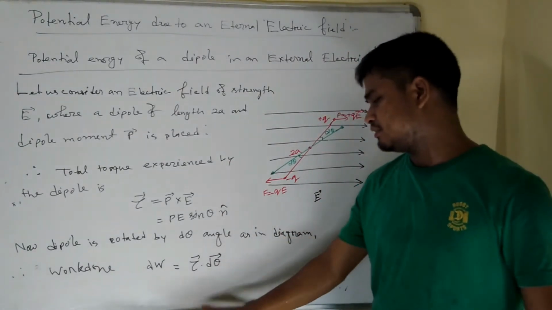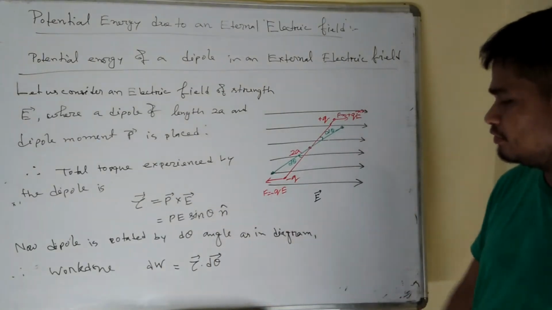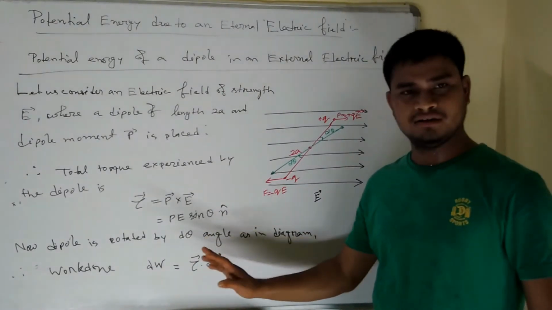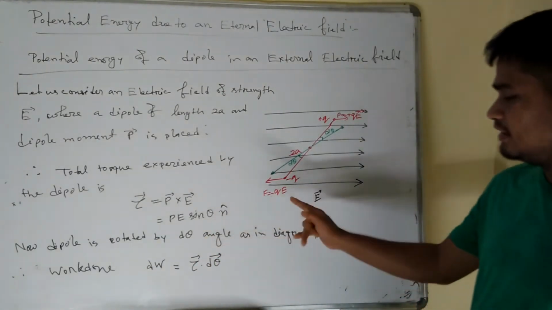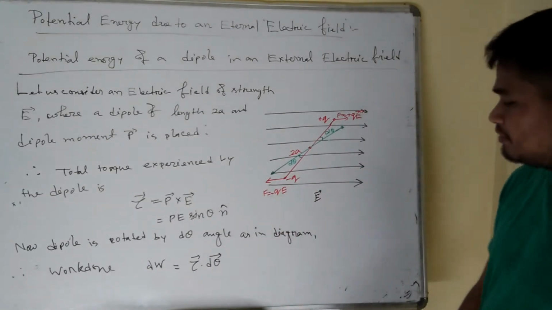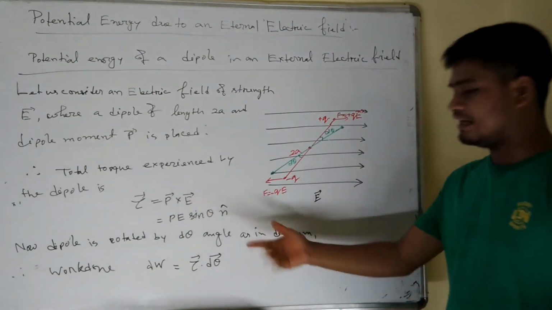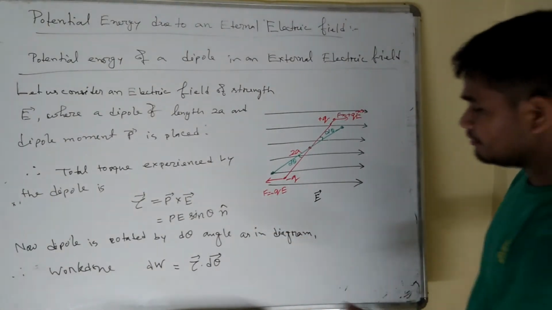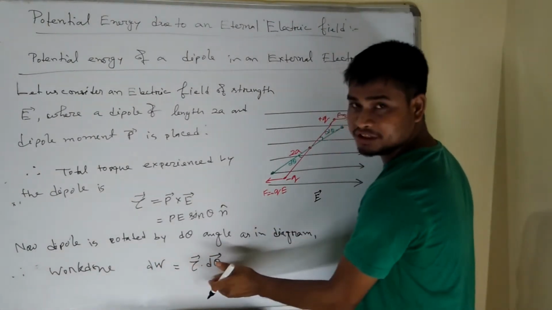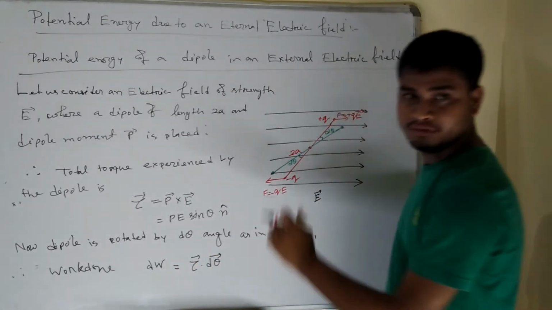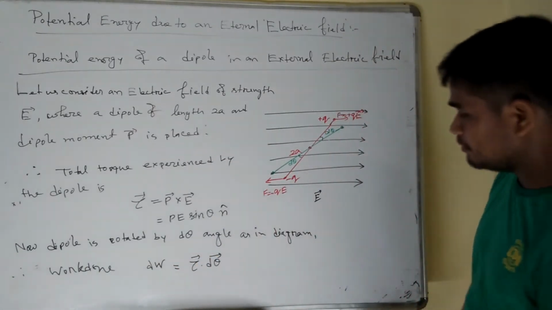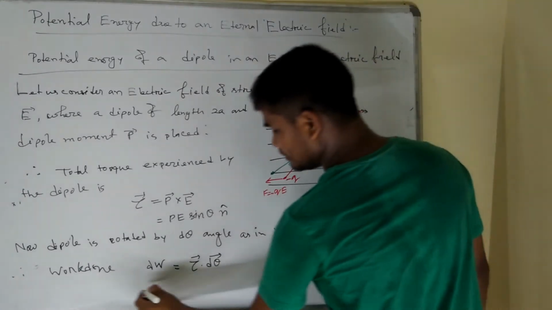Torque is the same as force in linear motion, and d theta is the same as linear displacement dx. D theta is angular displacement. Therefore, work done is force into displacement; in rotation, work done is torque into angular displacement.